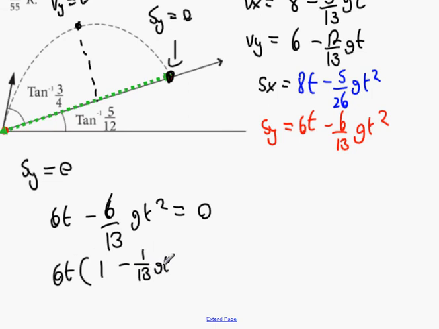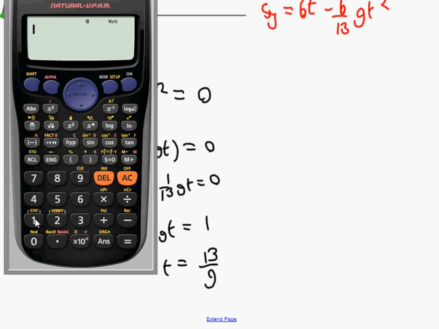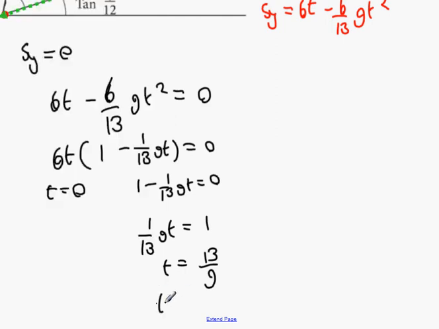Two solutions: t equals 0, or 1 minus 1 over 13 gt equals 0. This will mean that 1 over 13 gt equals 1. T equals 13 over g. We might as well put that into 13 divided by 9.8. What's 13 divided by 9.8? 65 over 49, okay? So t equals 65 over 49.